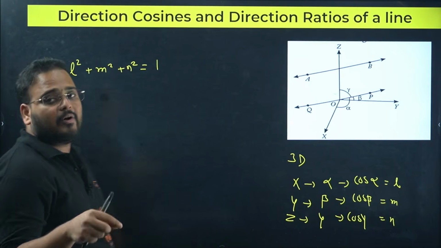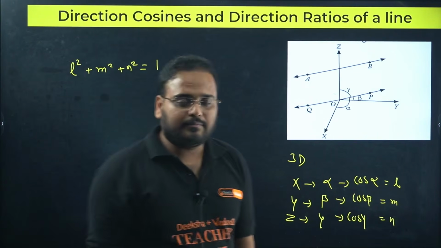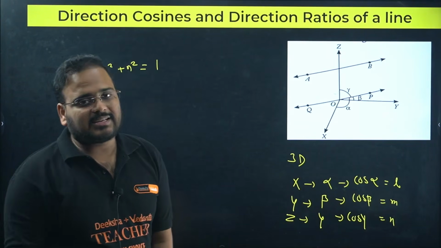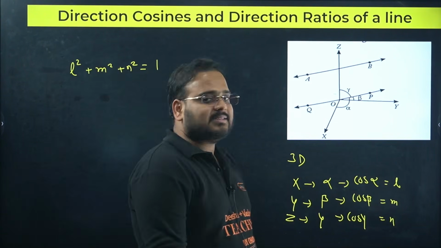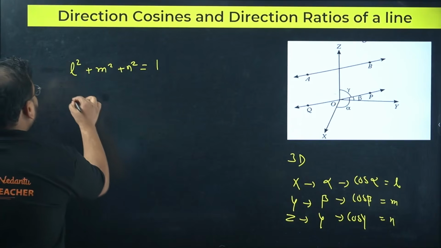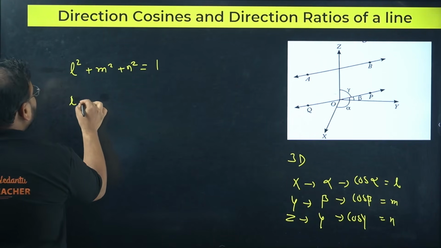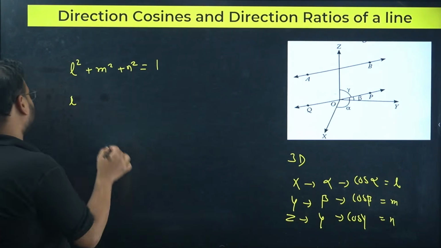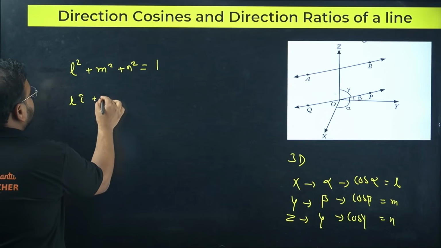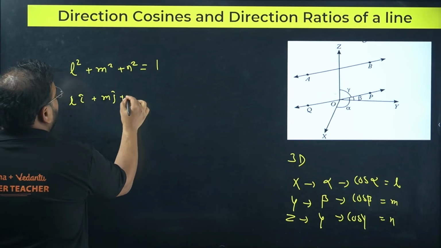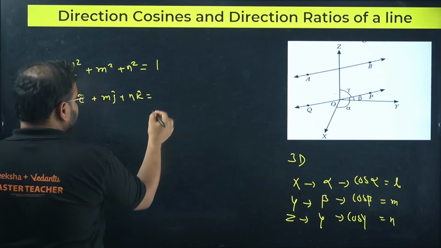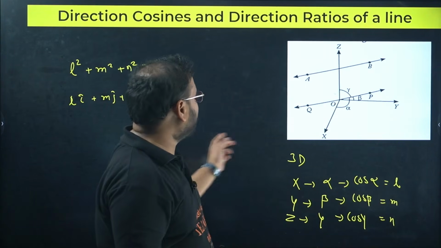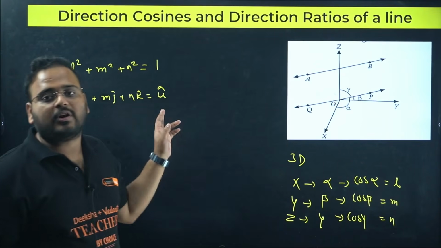What about DRs? When you talk about DRs, there is a constant involved. If I use L as the component across the x-axis, M as the component across the y-axis and N as the component across the z-axis, then Li cap, Mj cap and Nk cap gives you the unit vector along a vector. Let's say the line is QP, a vector U, then this will be your unit vector U cap.